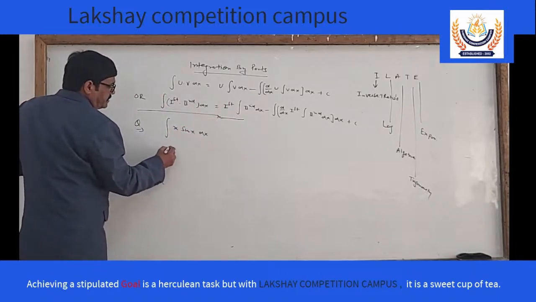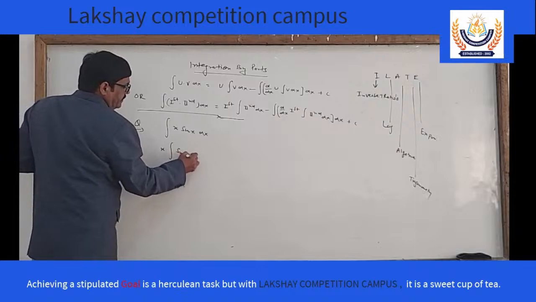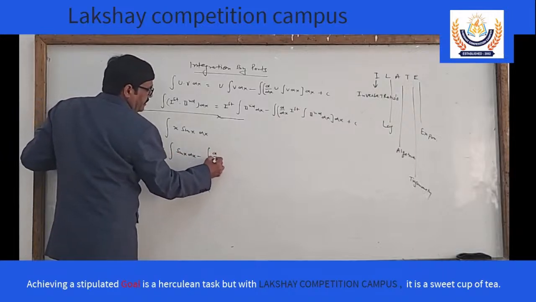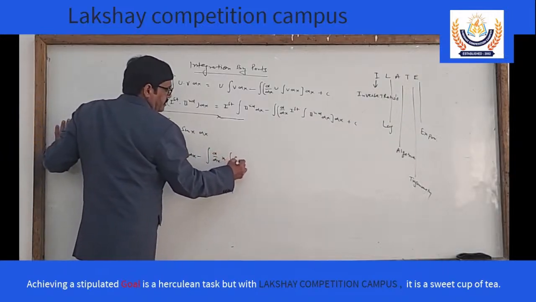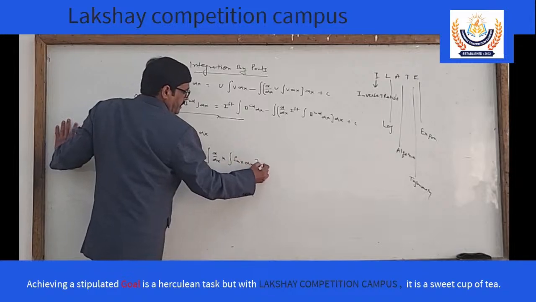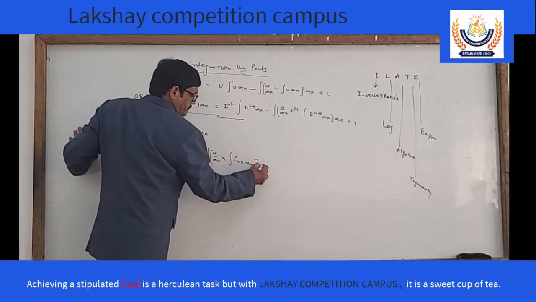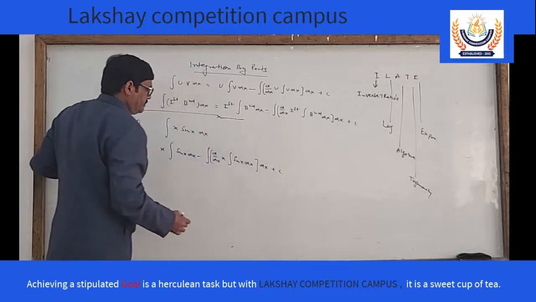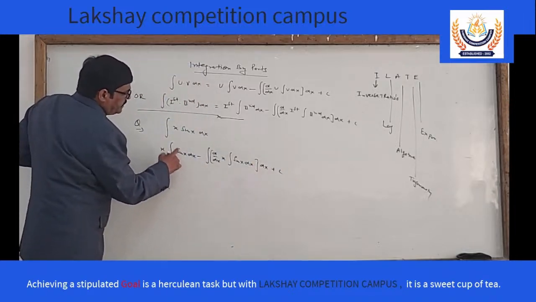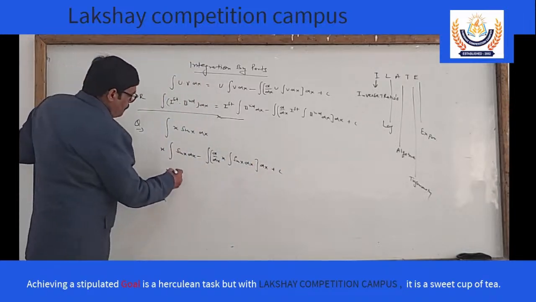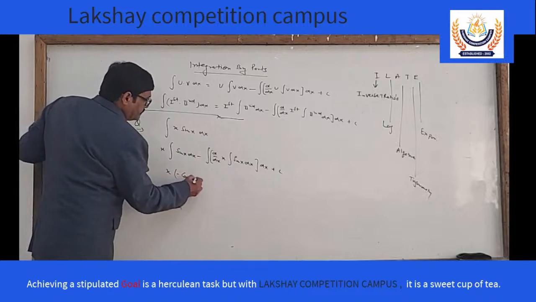First function as it is, integration of second, integration of derivative of first, integration of second, and integration of total plus constant. So x, what is the integration of sine? Minus cos.